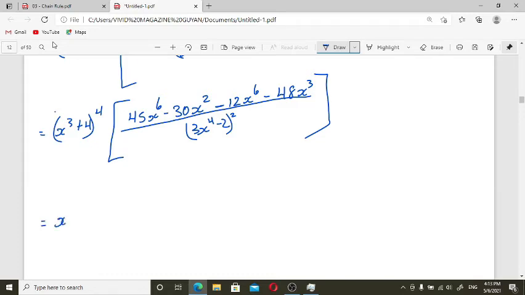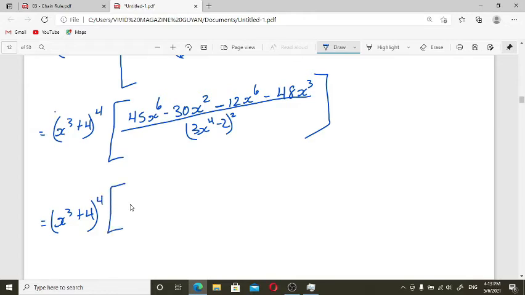So I have x cubed plus 4 raised to the 4th. Come on, you could do it. 4th.